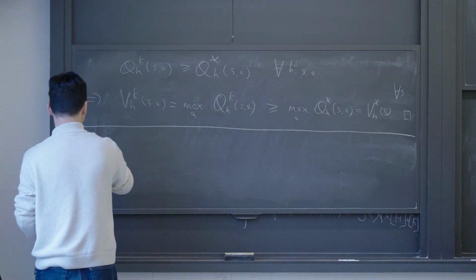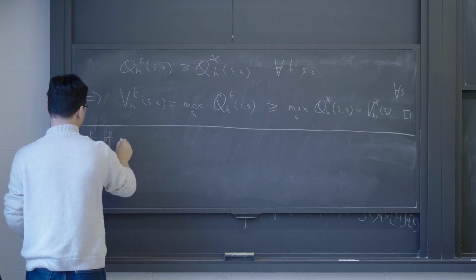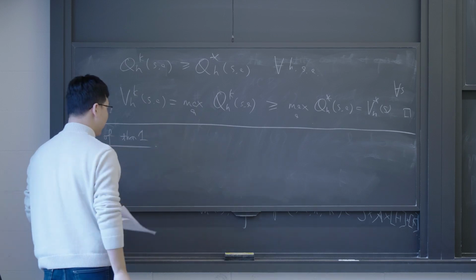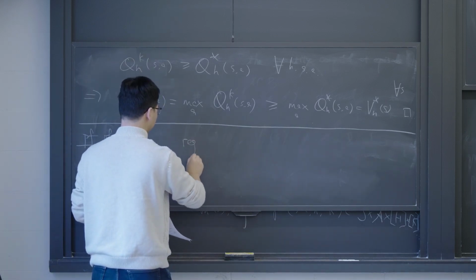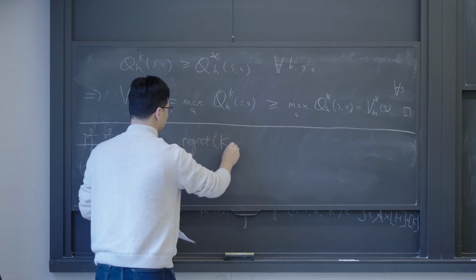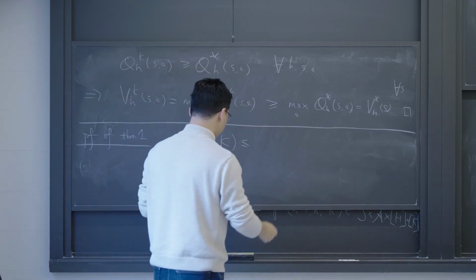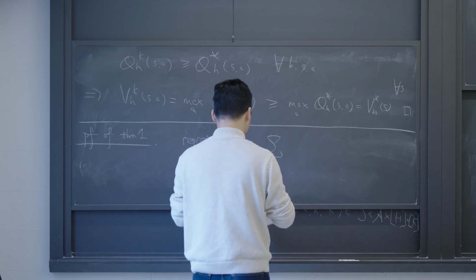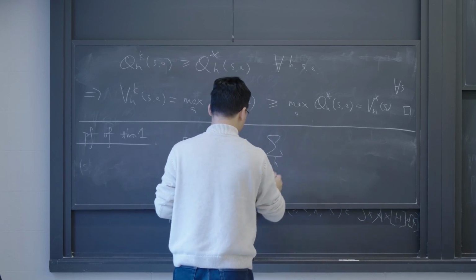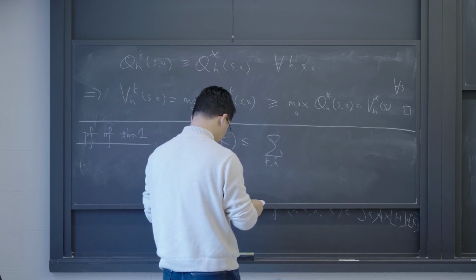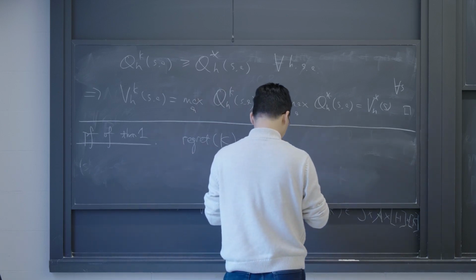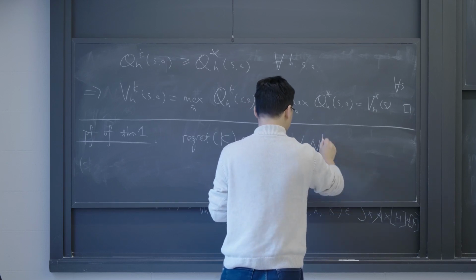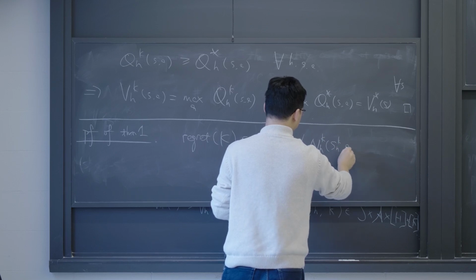As we say, eventually the proof of theorem 1 will be just some regret analysis, because we already proved the upper bound, and then we can essentially leverage this fact to show that regret K is less or equal to the summation over k from 1 to K and h from 1 to H of this bonus at n_hk, s_hk, a_hk.